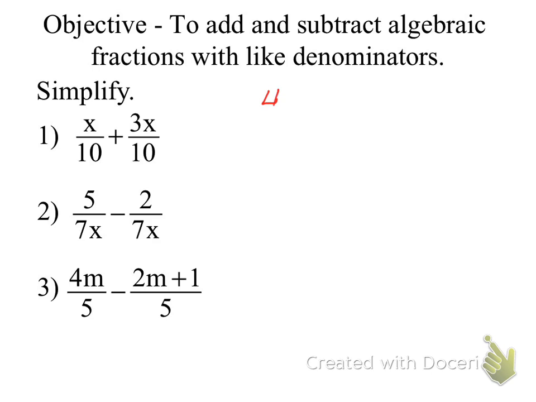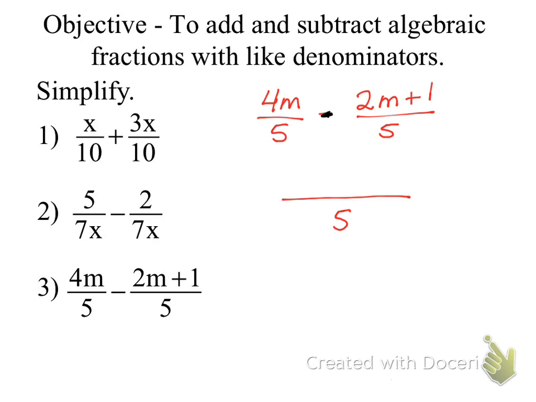Okay, 4m over 5 minus 2m plus 1 over 5. So we're going to put it all over the same denominator of 5. And now, when I have that negative, it is subtracting the whole numerator.